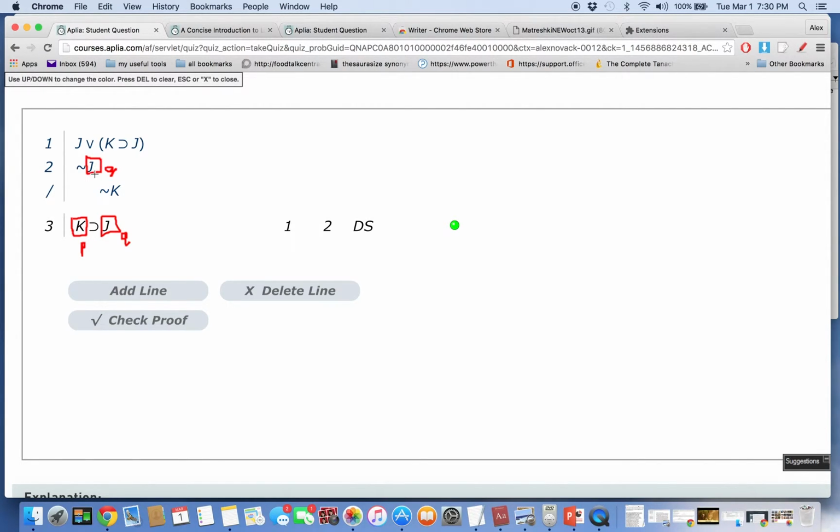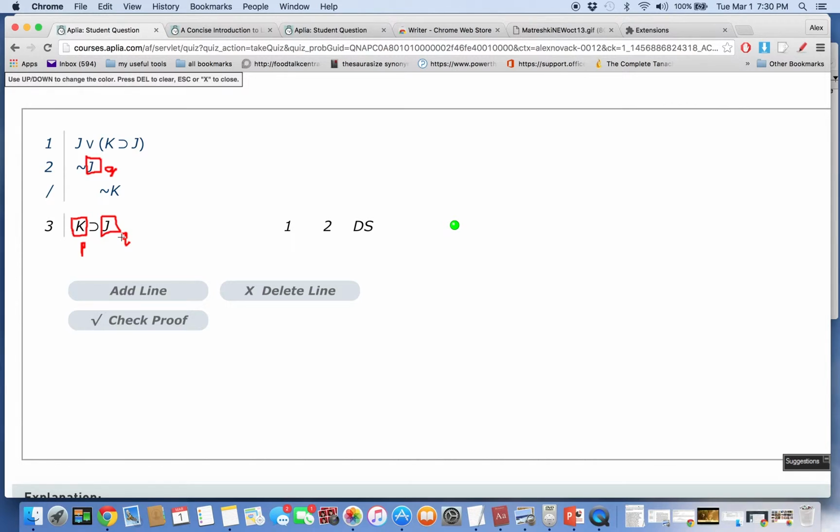So we've got here something that corresponds to tilde Q, and remember we assigned a meaning to Q at this step, line number 3, where we assigned Q to the chunk J. So we have something of the form tilde Q, and here we have something of the form P horseshoe Q. So now we've got two parents.